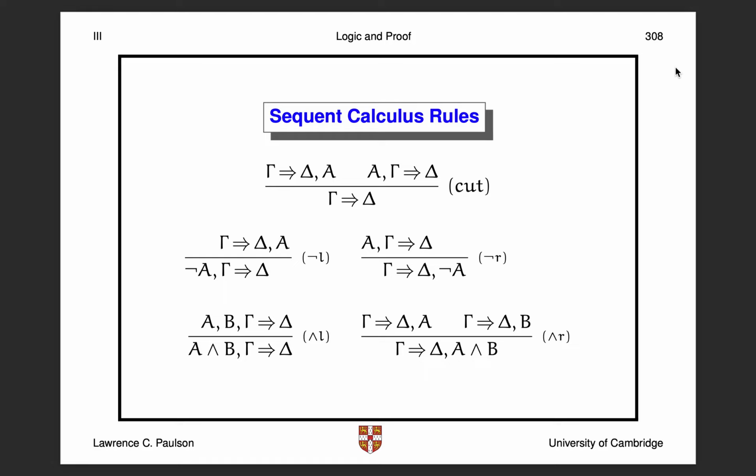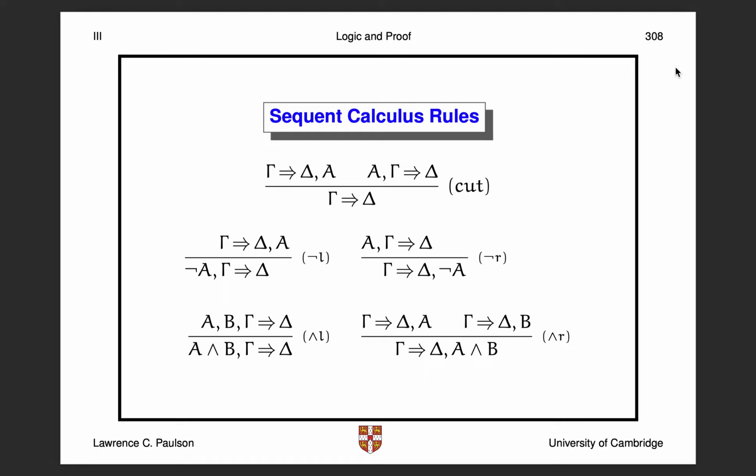So, in fact, if we look first at the bottom right, at the rule for and on the right, you might see this actually looks very similar to the natural deduction rule for conjunction that we saw earlier.